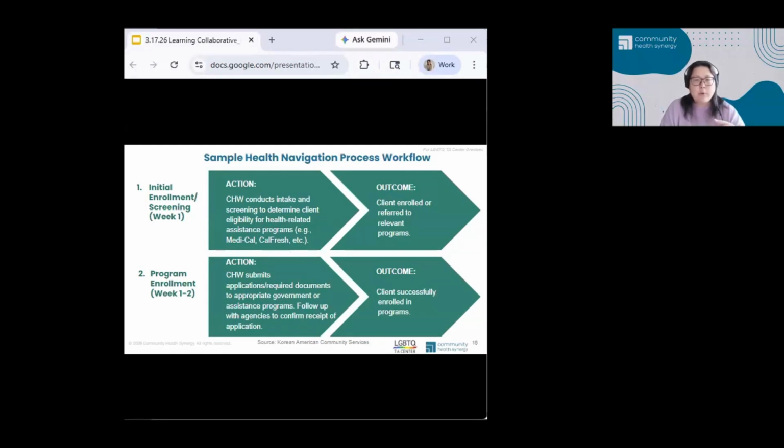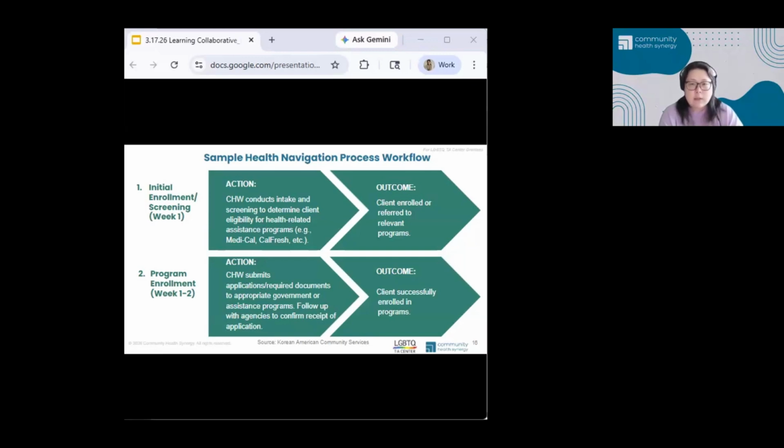Step 2 is program enrollment. Here you would communicate to your managed care plan that program enrollment is the next step in health navigation. So the CHW would submit applications and required documents to the appropriate entities and programs, and then follow up with those agencies to confirm receipt of the application.